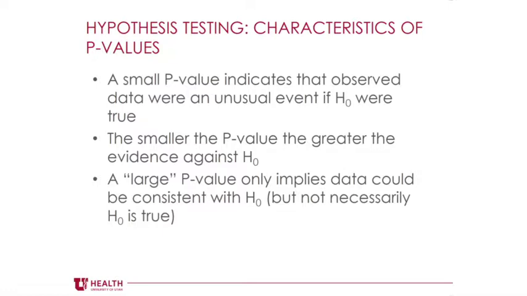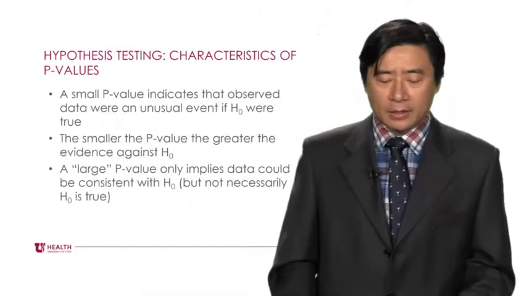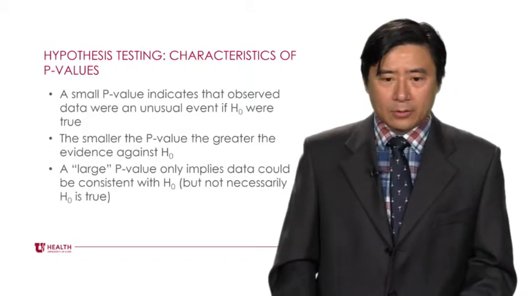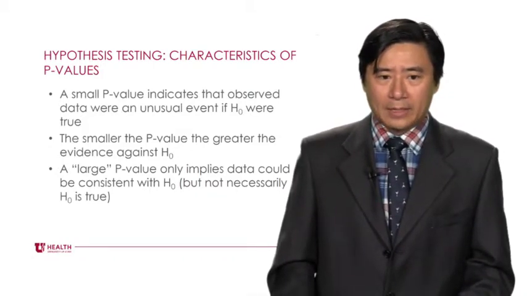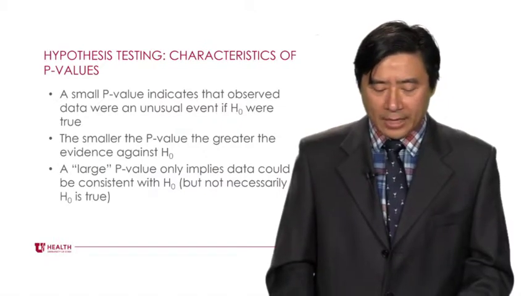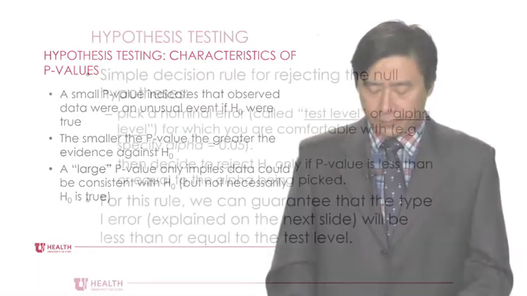The third one is that a large p-value only implies the data could be consistent with H0, but not necessarily that H0 is true. In a lot of situations, such as if your hypothesis test lacks power, you still can see a large p-value, but this does not necessarily mean that H0 is true.